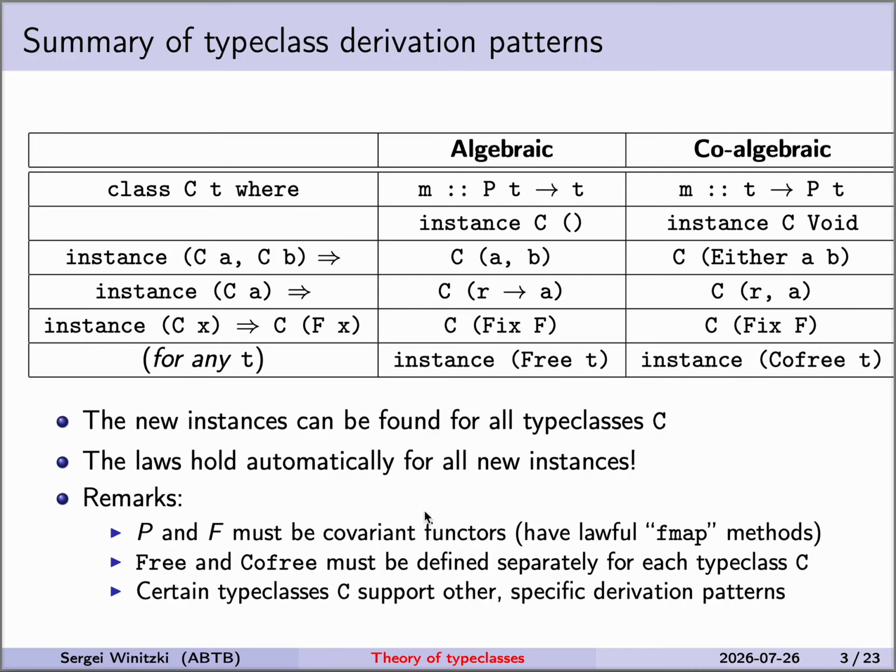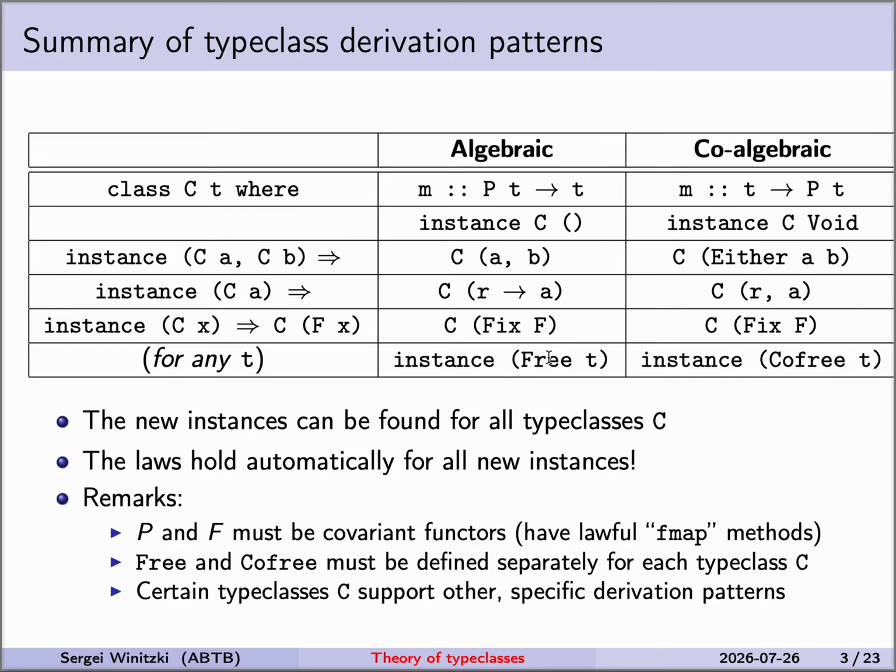And also here, unlike all these patterns, where the patterns work generally for any type class, and they can be implemented generically for any functor P and any functor F, these ones are not generic, so they have to be implemented specially for each type class separately.